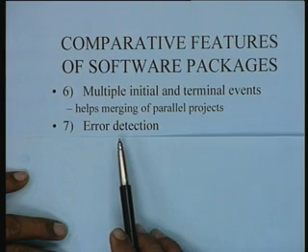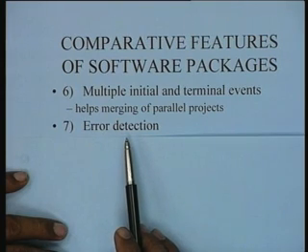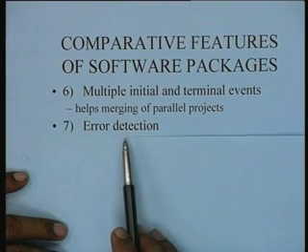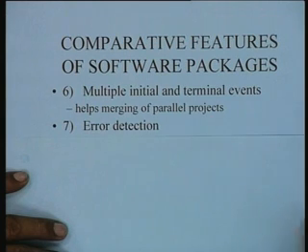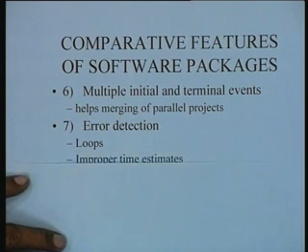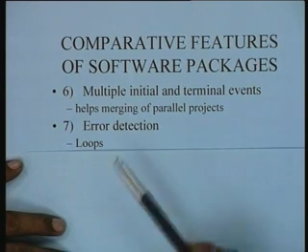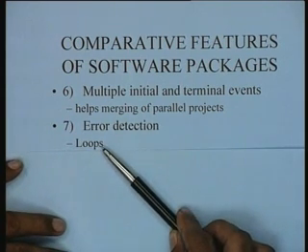The next feature which is important when you are trying to compare software packages is this facility of error detection. When you are talking about error detection, we are basically talking about the ability to detect loops in the project network, whether this facility is there or not.